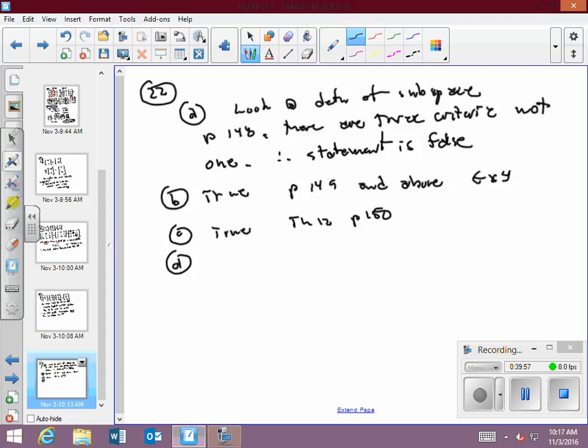D, the column space of matrix A is the set of solutions of Ax equals b. And that's a true statement, and that's exercise 5 on page 150. It says the columns of an invertible matrix span the space, so it's showing it there.